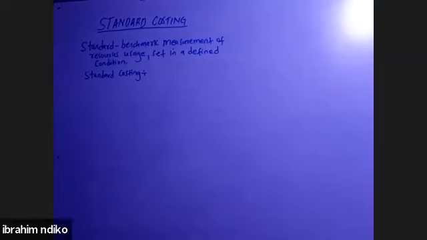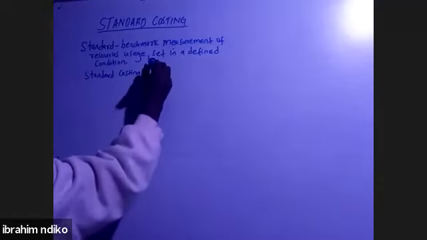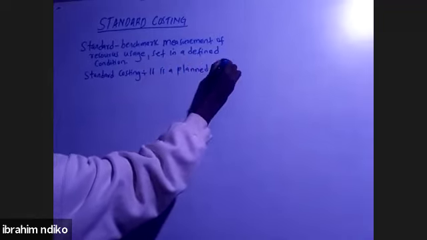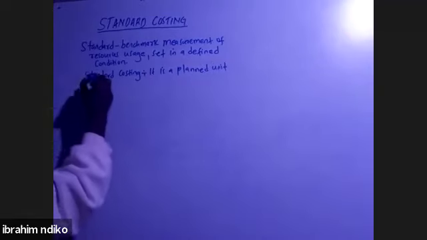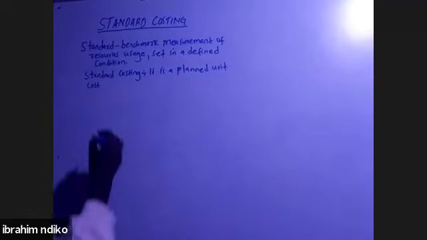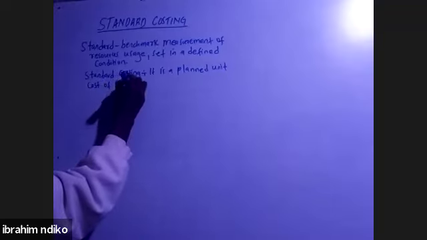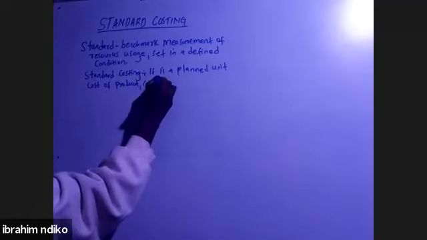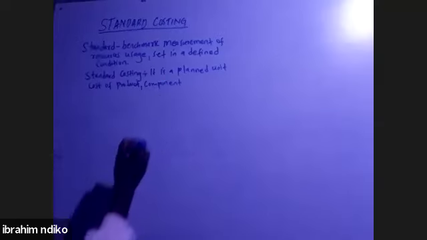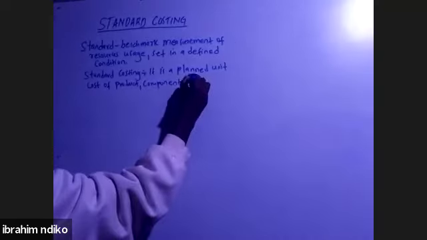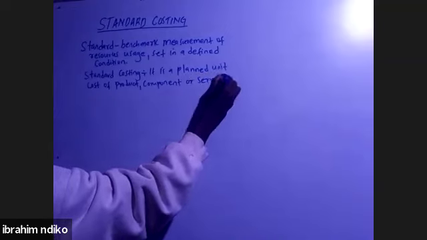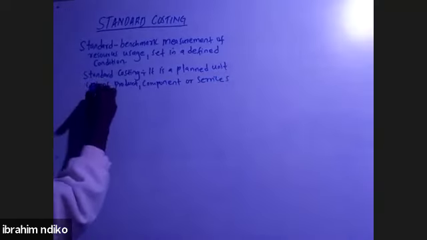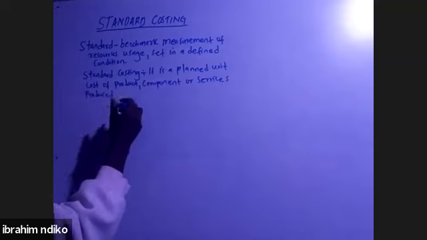Now I can define standard costing. You can say it is a planned unit cost of a product, components or services produced in a period.